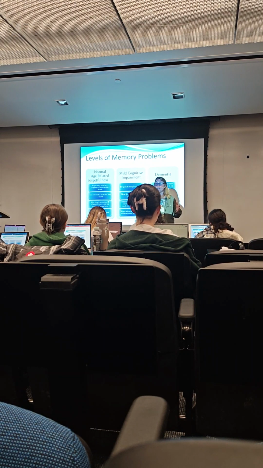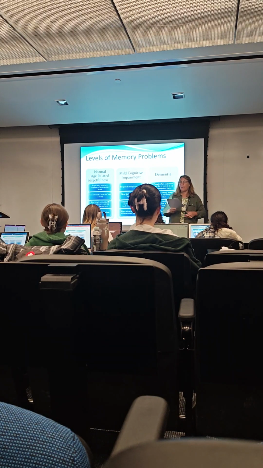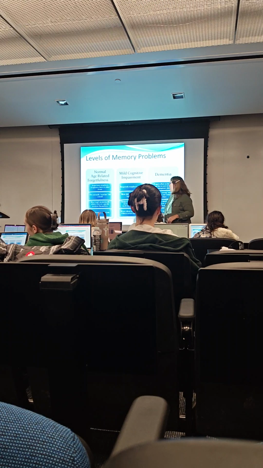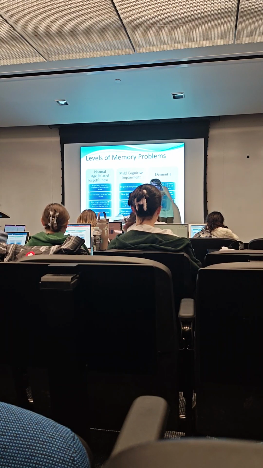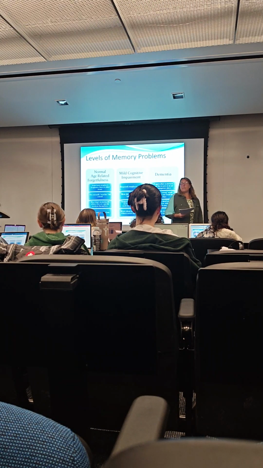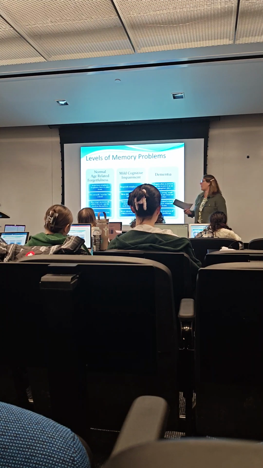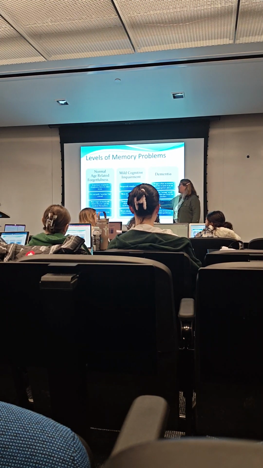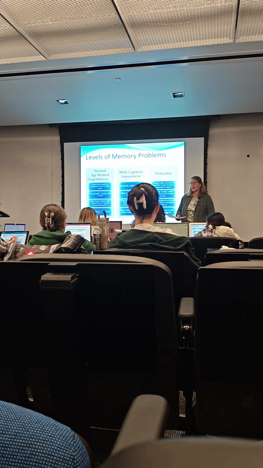In normal aging, you quickly reorient yourself. So if you were somewhere, and for a minute you forget where you're at, but then you reorient yourself, and you're joking about it. You're forgetting things, so you can make jokes. Mild cognitive impairment, it starts happening more frequently, okay?